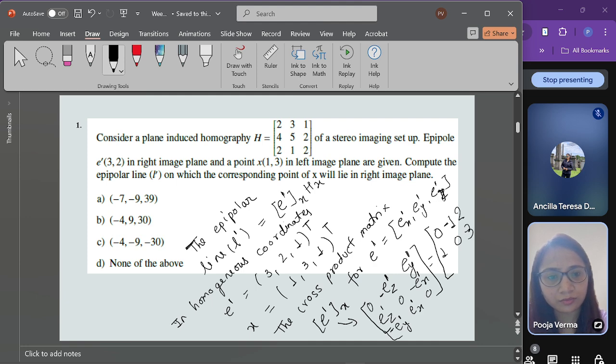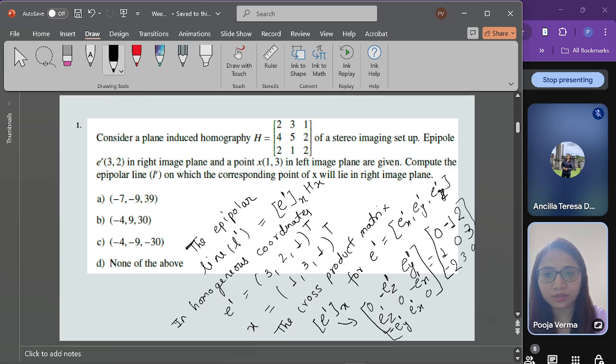Now minus Ey is there, so Ey is 2, so minus 2, Ex is 3 and it is 0. So this is the cross product matrix we have found from the epipole E dash. Now we have to multiply it with Hx, that is, E dash cross X times Hx.